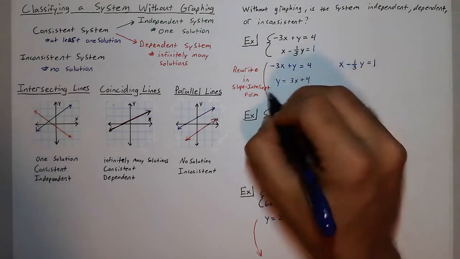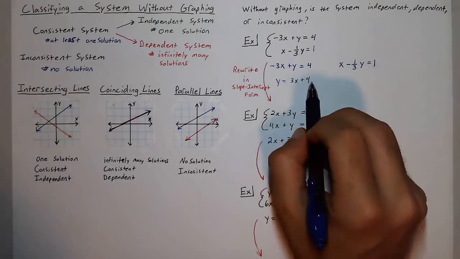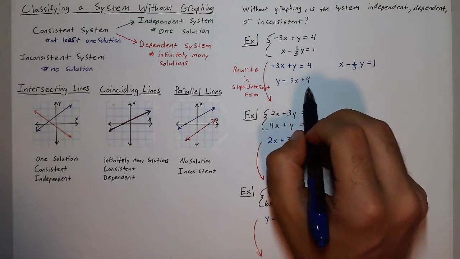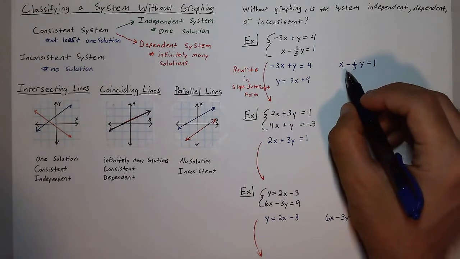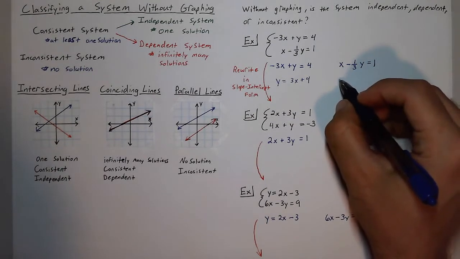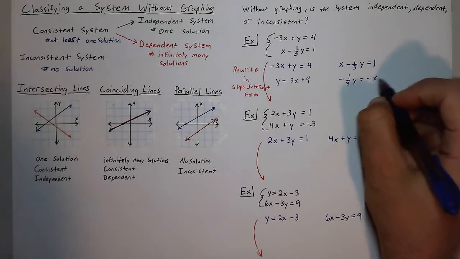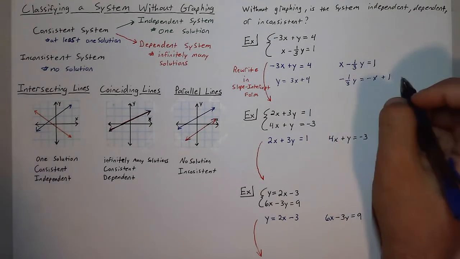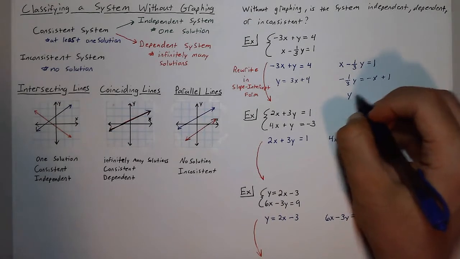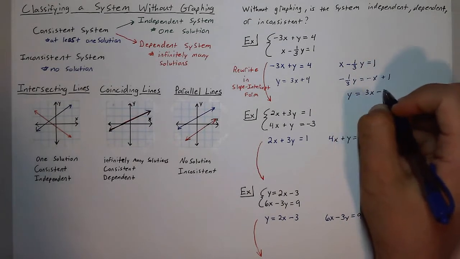That is in slope-intercept form, so a slope of 3, y-intercept of (0, 4). The other one, we'll subtract x from both sides. I'll have negative 1/3 y is equal to negative x plus 1. I'll multiply each side by negative 3, giving me y is equal to 3x minus 3.